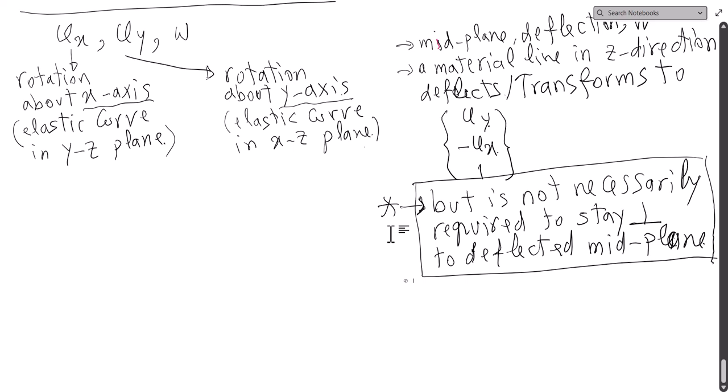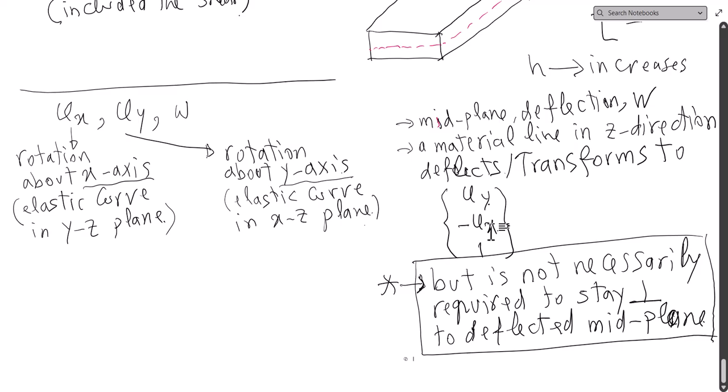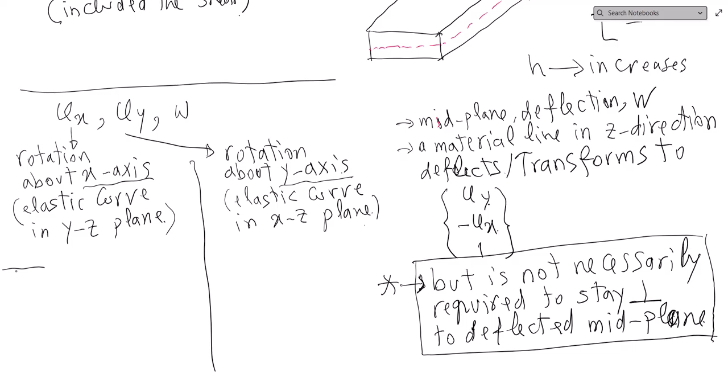So again, all the points will transfer in the z direction kind of rigidly, but also they can rotate freely, as we said here. So they don't need to stay perpendicular. Okay, so how do we do this now? These two are actually very important here.